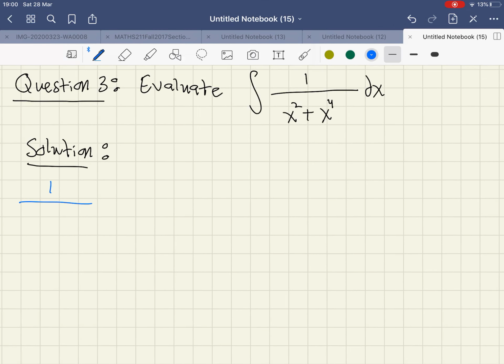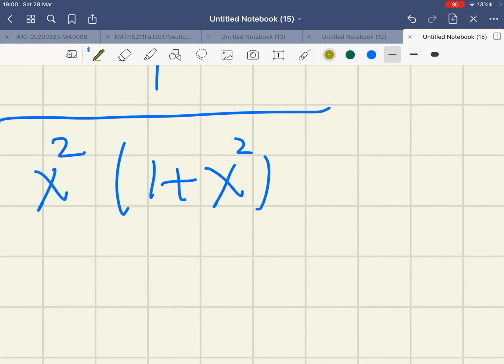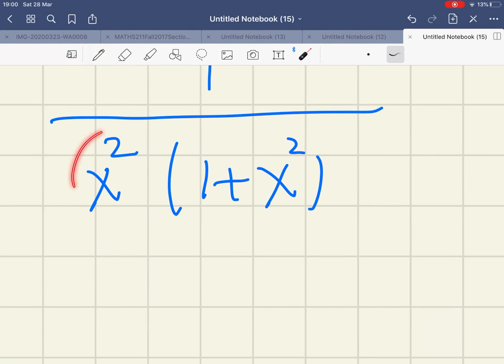So it is 1 over x squared plus x to the power 4. Now, if you take x squared as a common factor, then we have 1 plus x squared. Now, if you look at this x squared, which is fine, we cannot factor it anymore, it's just x times x.